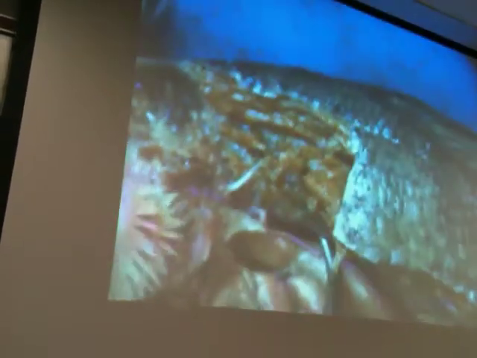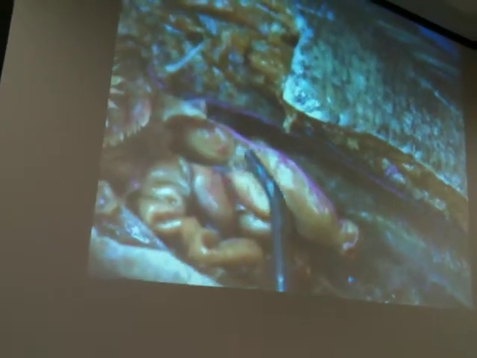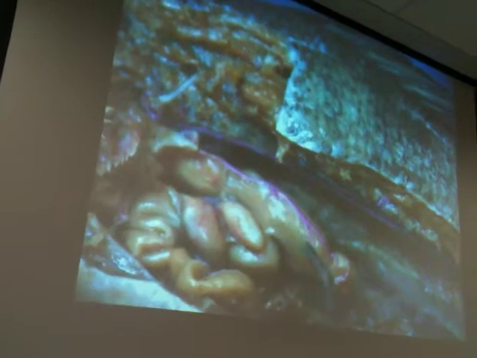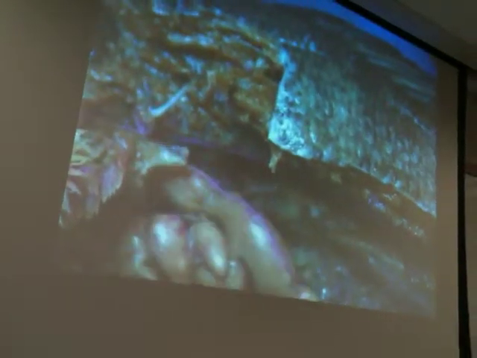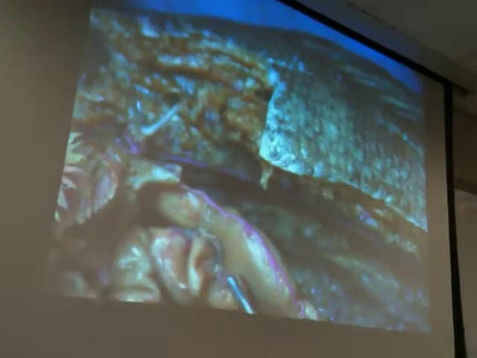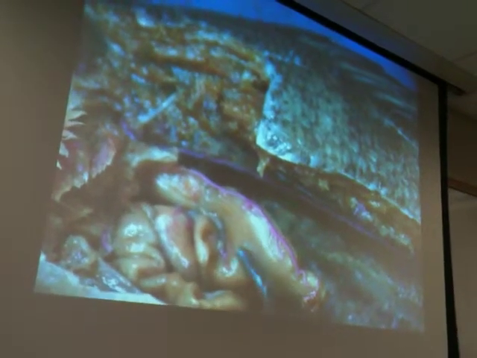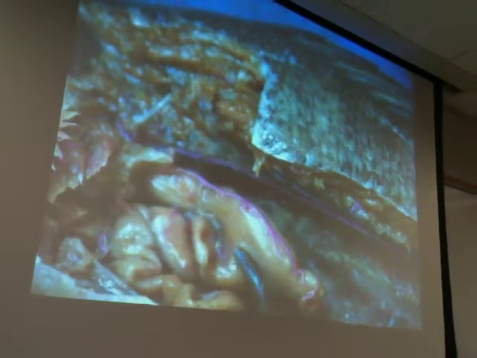Actually, I want to use this other fish. It's a better example for the stomach. Okay, so here again is the stomach on this fish. Okay, so cardiac portion of the stomach here. And then the part that goes down right here is the pyloric portion of the stomach.